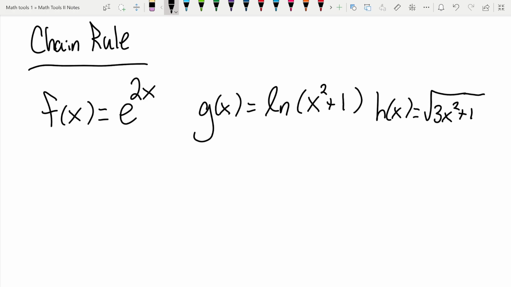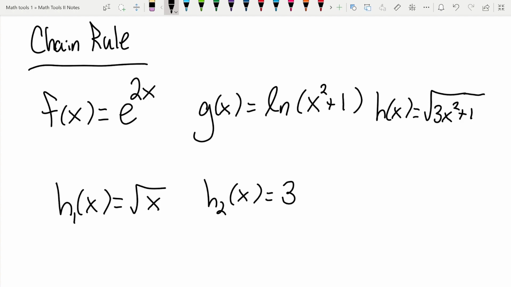So let's take h of x, for example. h of x we could write as the square root of, let's say h1 of x is the square root of x, and h2 of x is 3x squared plus 1.